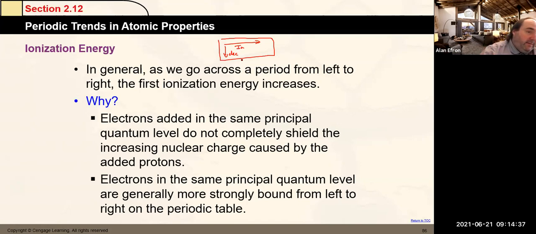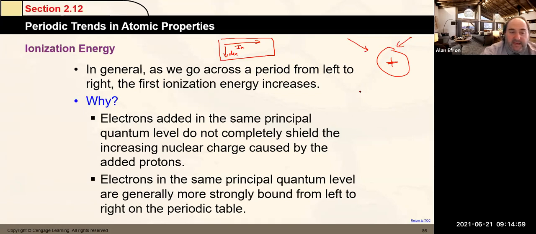If you look at the atomic number as you go to the right on the periodic table, it's much higher than on the left. The atomic number is the number of protons, which means we have a much larger positive charge in the nucleus on the right-hand side of the periodic table, which brings the electrons in closer.